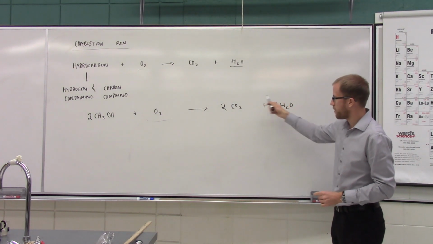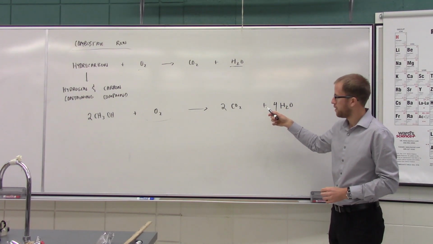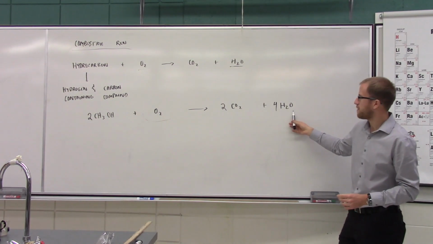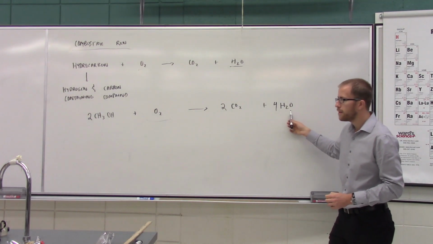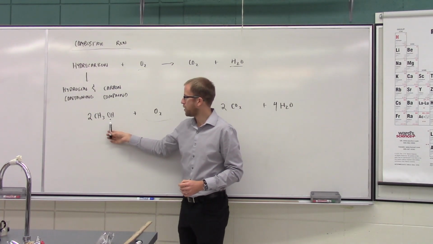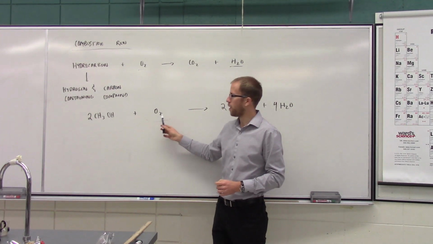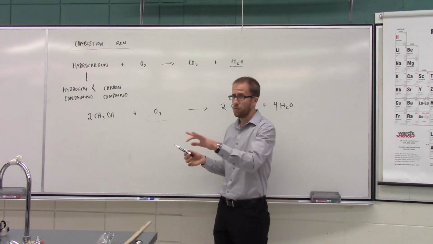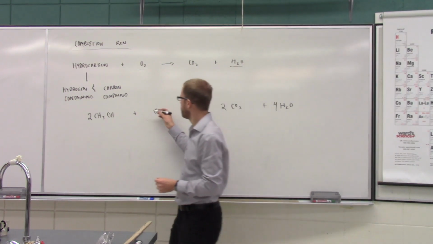How many oxygens do I have on this side? I have 1, 2, 3, 4, 5, 6, 7, 8. How many do I currently have on this side? 1, 2, 3, 4. So what am I going to put here? It's not a 2, it's a 3.